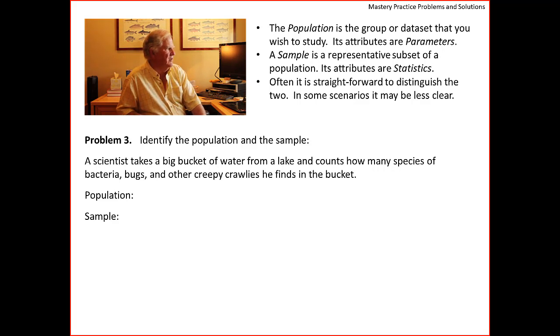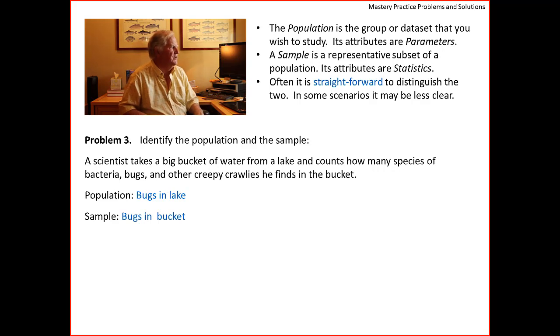So pretty clearly the creepy crawlies within the bucket are the sample, and the population is the creepy crawlies within the lake. Bugs in the lake, bugs in the bucket. I'm going to call that straightforward as well. But in problems 4 and 5 coming up, you'll start to see where some of these things get a little bit confusing.